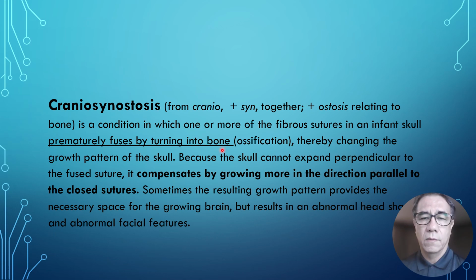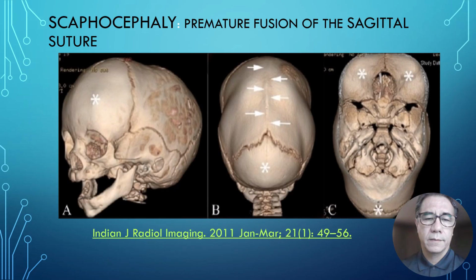It could be one suture or it could be both sutures, thereby changing the shape of the growth pattern of the skull. And because the skull cannot expand perpendicular to the fused suture, it compensates by going more in the direction parallel to the closed suture. So this is scaphocephaly, the sagittal suture.